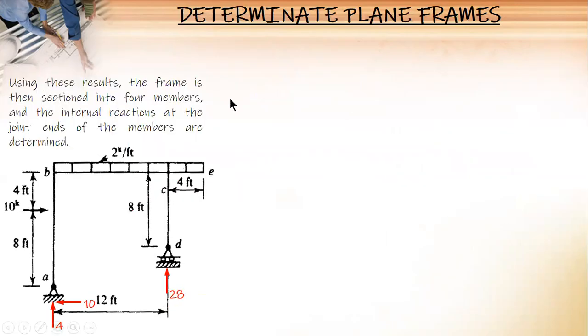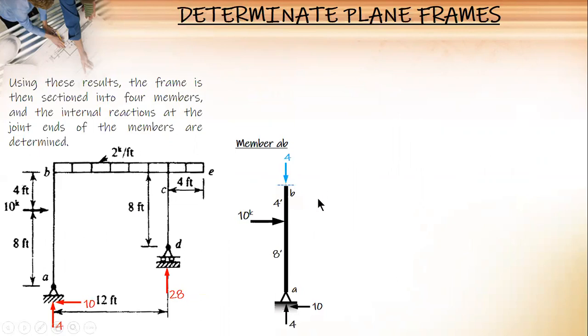And then section nimo into 4 members, EB, BC, CE, and CD. So you start with member EB. This one, okay, 4, 10. 10 kips na load. Okay, check. Horizontal, balance na. Vertical, upward, so wala na kay downward.